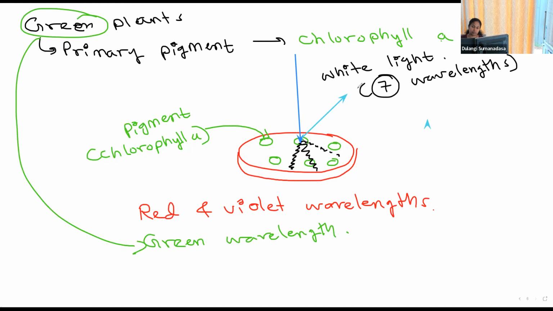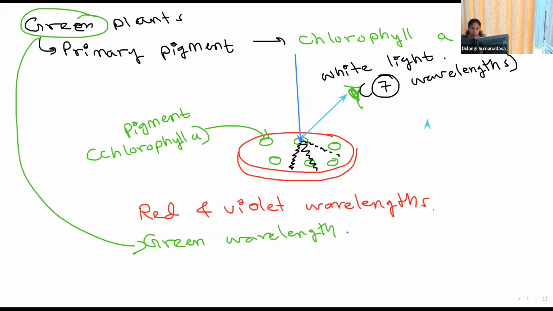Because the green spectrum is going to come into your eye and you're going to see the leaves in green color, because if green plants have chlorophyll A, the chlorophyll A is going to reflect the entire green spectrum. Do not write colors now, it's not a color, it's a wavelength. So the entire green wavelength is going to be reflected by the chlorophyll A. It comes into your eye and you see the leaves in green color.